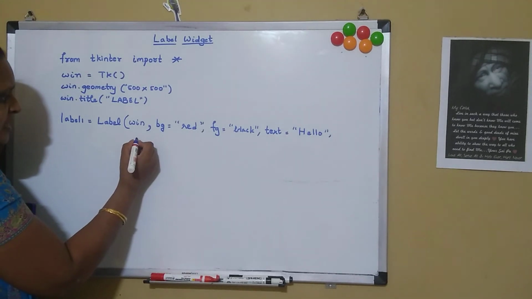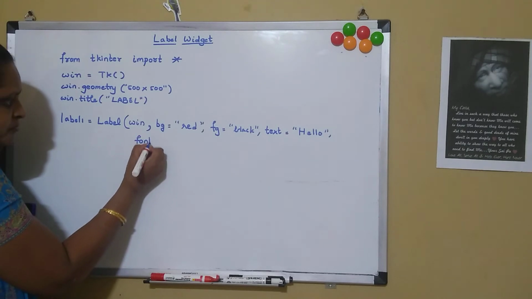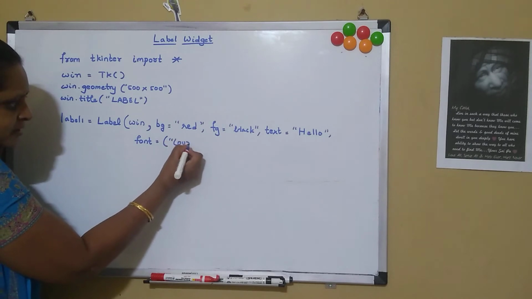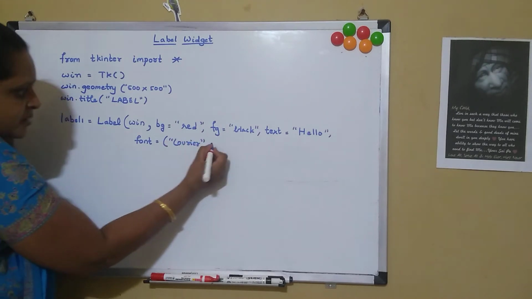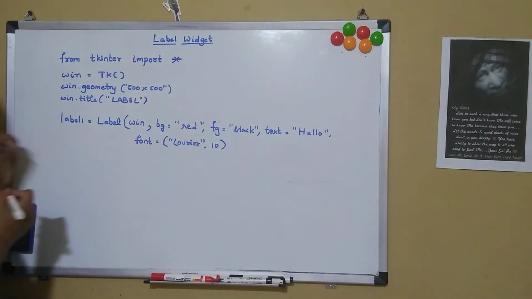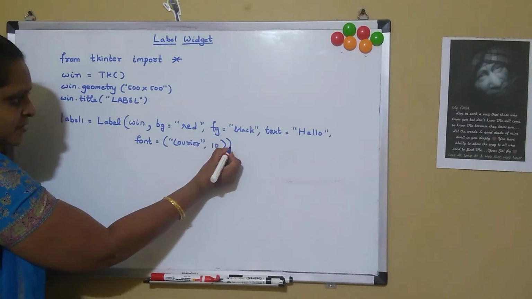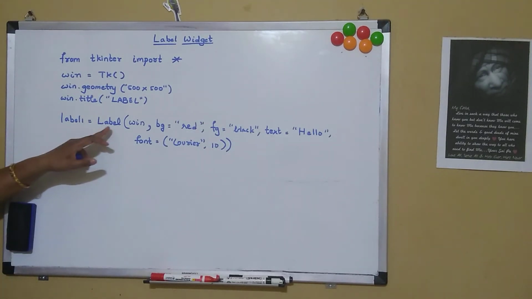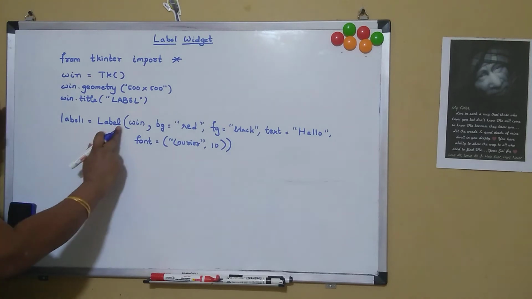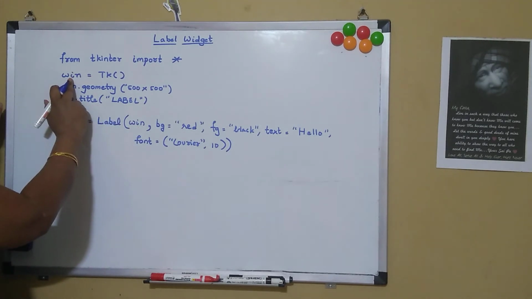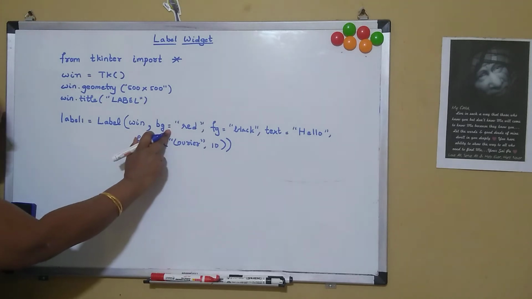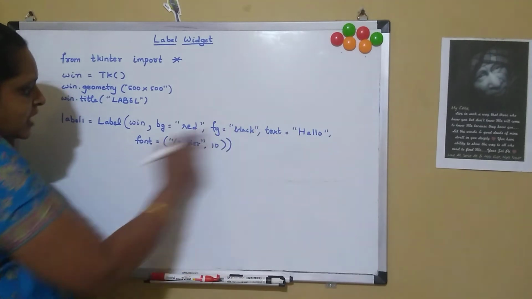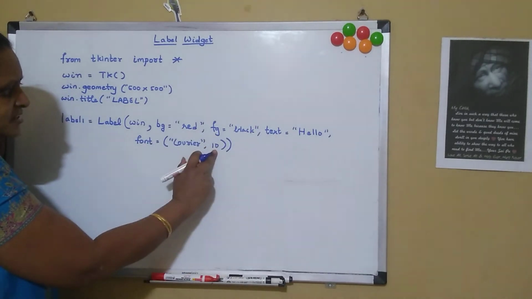And now font equal to, in tuple format, Courier, comma 10. This is the font. And now I am closing the parenthesis. So label1 will hold the label widget which should be placed in the main window, the Tkinter window, background color is red, foreground color is black, text is hello, and font is Courier and size is 10.